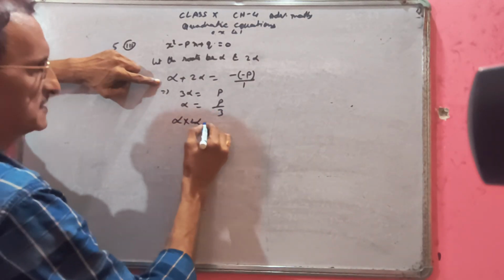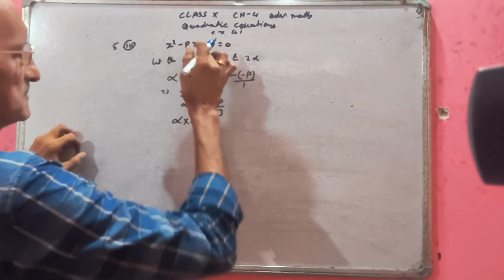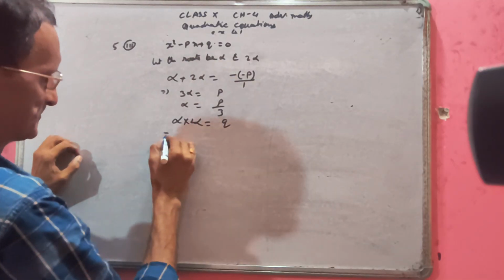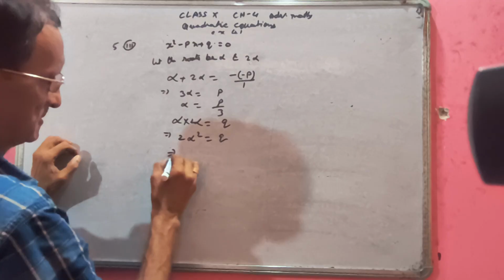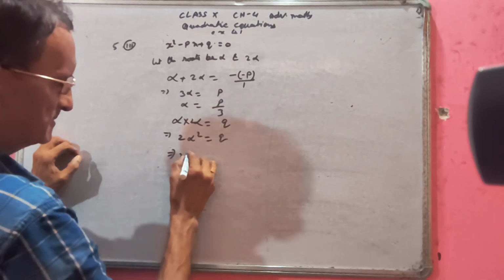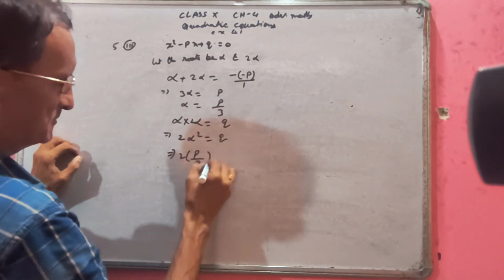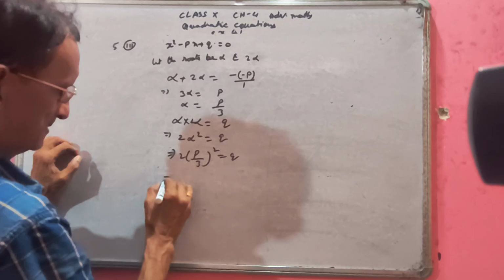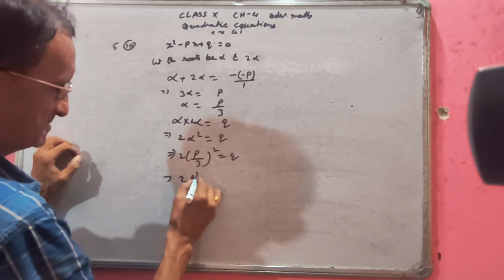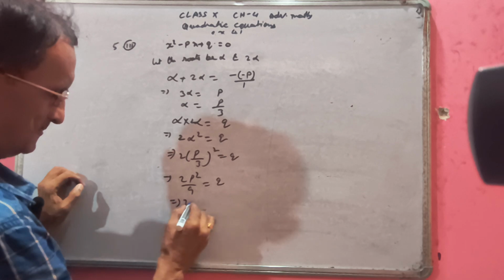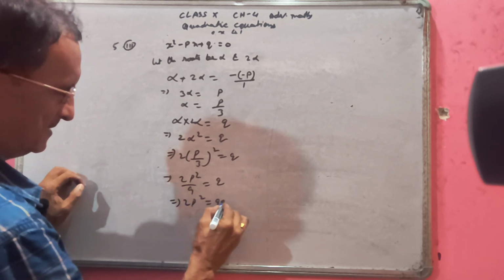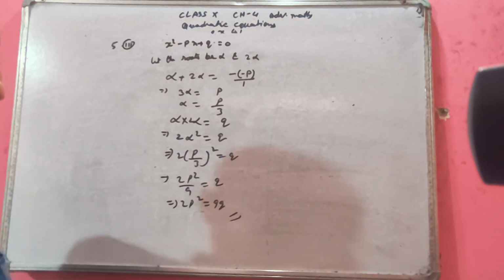Alpha into twice alpha equal to c by a, so q by 1 is q only. So 2 alpha square equal to q. Put the value of alpha, 2 into p by 3 whole square equal to q. So twice p square by 9 equal to q. So twice p square equal to 9q. This is the required condition.